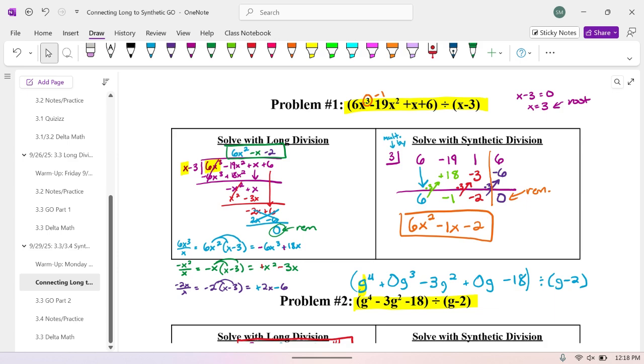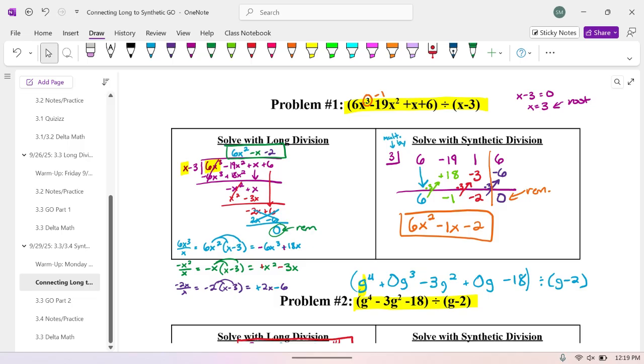Whereas here, since we already found the root, the inverse was already done for us. So in other words, when they had to flip signs over here, we don't have to worry about that now. So that's why we're adding here instead of subtracting. That's why this works.